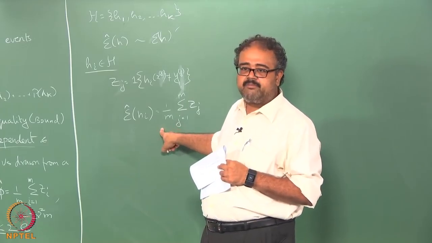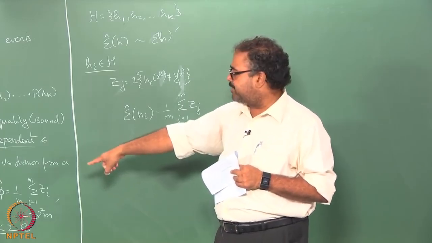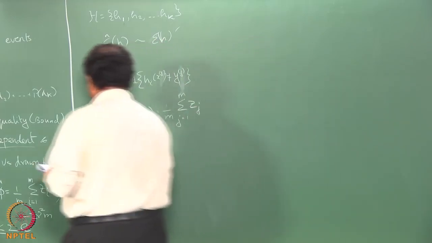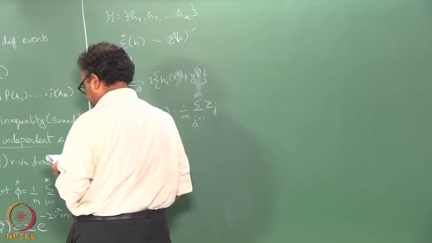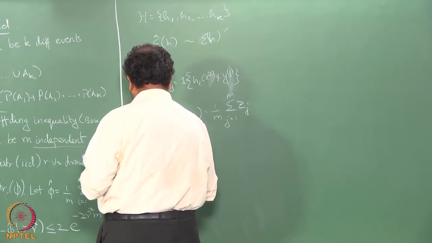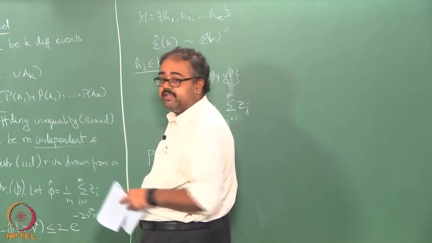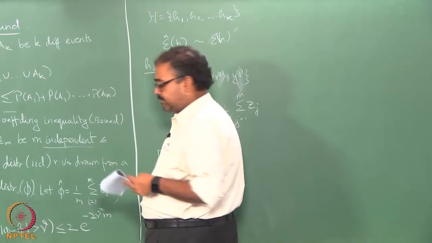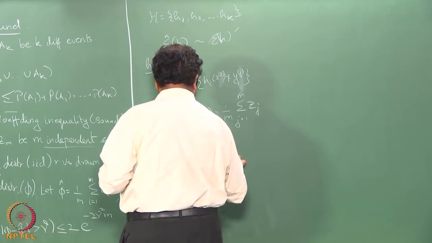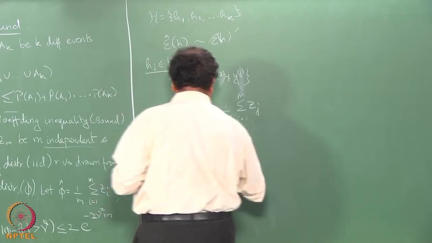That is the estimated mean by taking m samples. So I can directly apply my Chernoff, the Hoeffding bounds, right. So the probability that, what is my phi here? What is phi here? Epsilon h. Okay, we are considering a specific thing, okay.